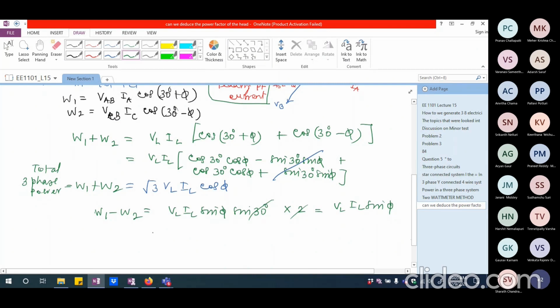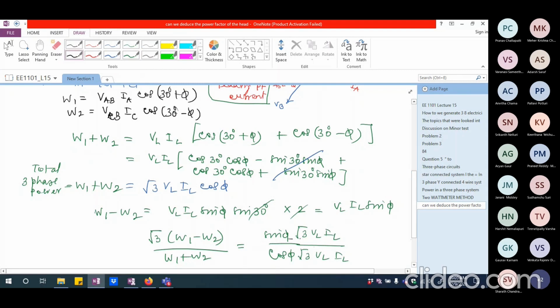So if I say root 3 times W1 minus W2 divided by W1 plus W2, that is going to give me sine phi divided by cos phi, because I would have had root 3 VL IL on the top and root 3 VL IL at the bottom as well. So I can cancel this root 3 VL IL, and I will be able to get tan phi.